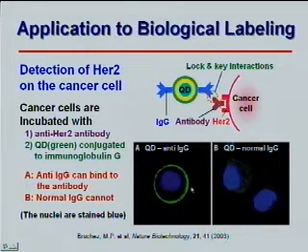And finally, you can see this green circle around the cell surface can be detected. If a different kind of immunoglobulin is used here, the cell surface cannot be detected.